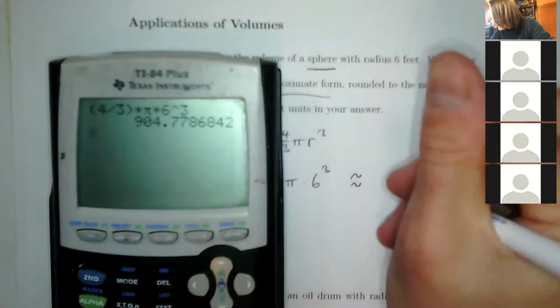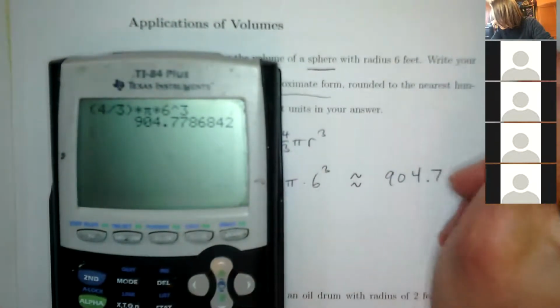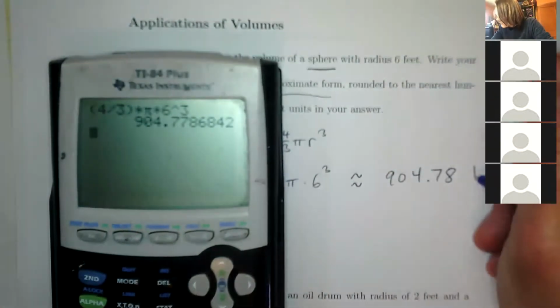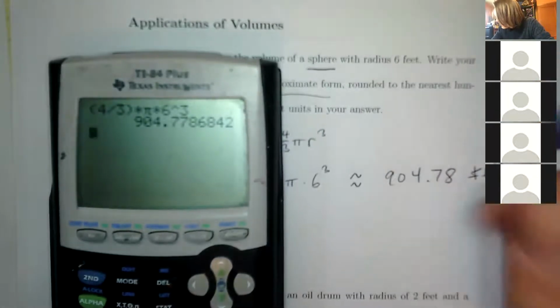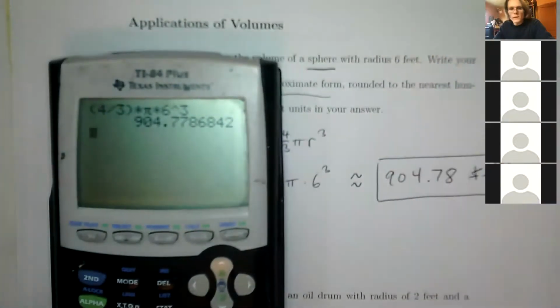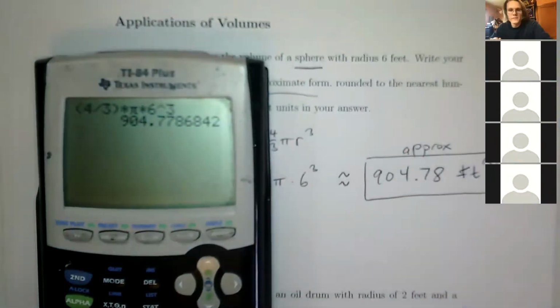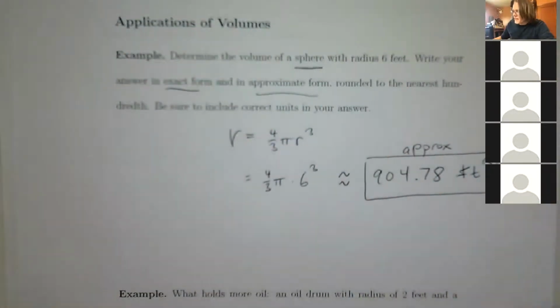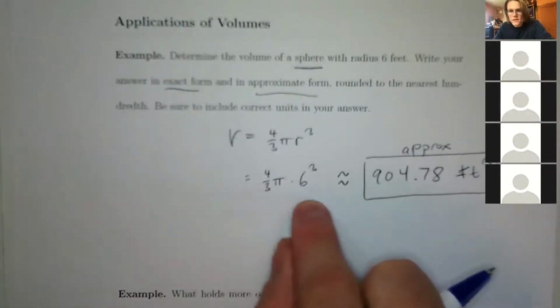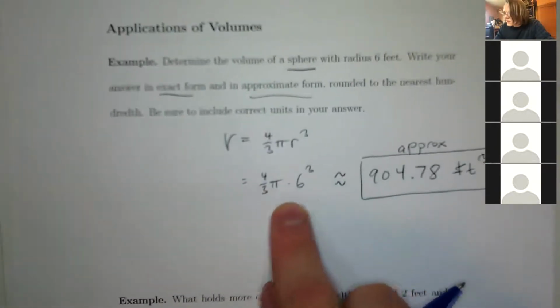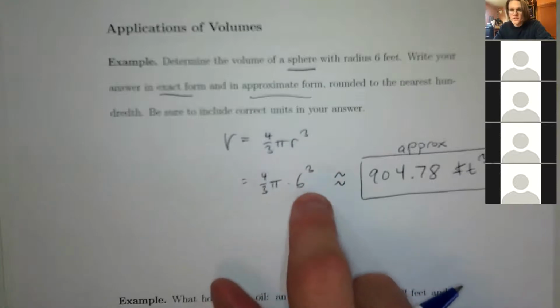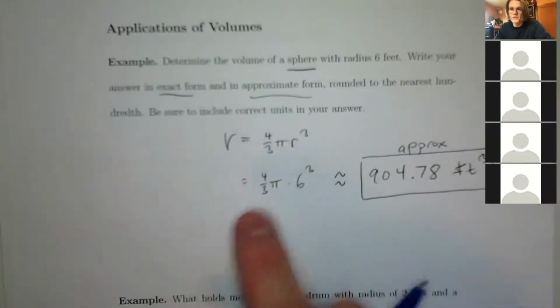So 904.78, and it's feet cubed. That's my approximate form, because I plugged it in my calculator. My exact form, you can leave it like this, or if you want, you can multiply 4/3 times 6 cubed, and then just put a pi in front of that.